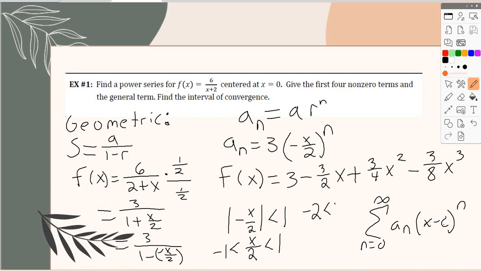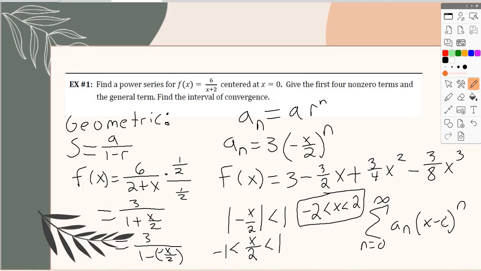Negative 2 to 2. With symmetric series like these, notice that my x cannot be negative 2 or 2 because it's on the bottom and that gives a 0 on the bottom and that's bad. So I don't even have to check them, which is kind of nice with these.